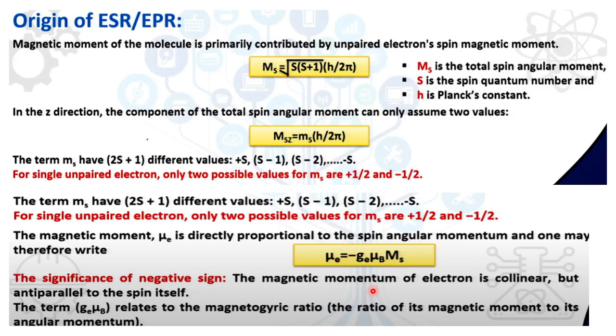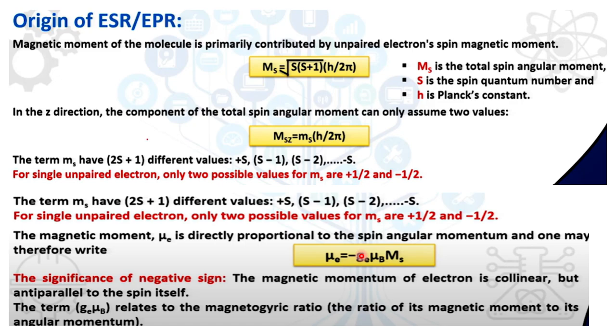Because the magnetic moment of the electron is collinear but antiparallel to the spin itself. And the term Ge mu b, this G is called the magnetogyric ratio. That means the ratio of the magnetic moment to its angular momentum.